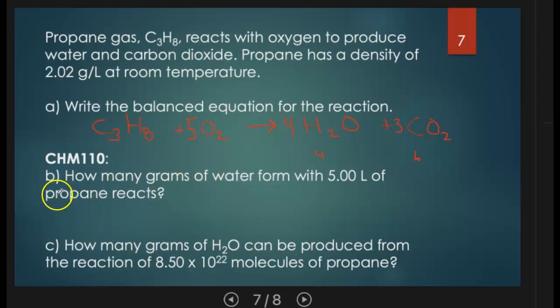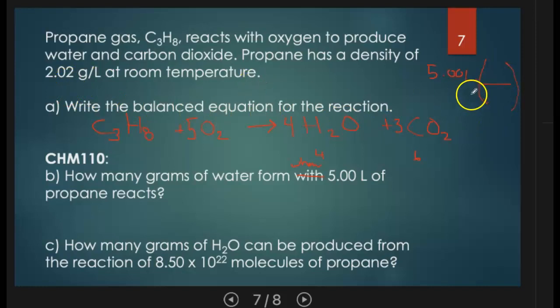All right, part B, how many grams of water form with 5 liters of propane reacts? So I think that's supposed to be when 5 liters of propane reacts, but that's okay. So when 5 liters reacts, if we have 5 liters of propane, we need to get that into a mass.